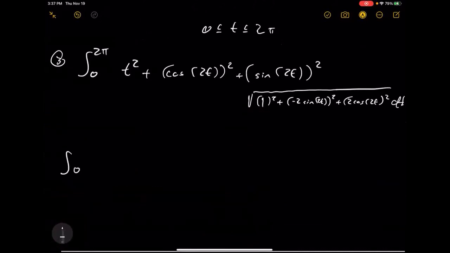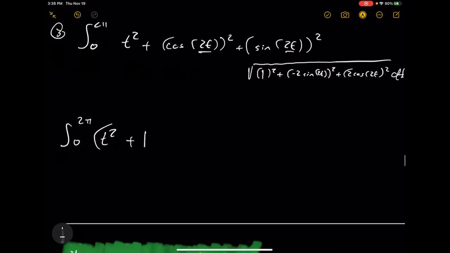That integral should become 0 to 2 pi t squared. Okay, t squared, and then we got cosine squared plus sine squared. It doesn't matter what's inside, it's the same, right? 2t, 2t. So that term should be 1. Cosine squared plus sine squared is equal to 1. Then I have a square root.